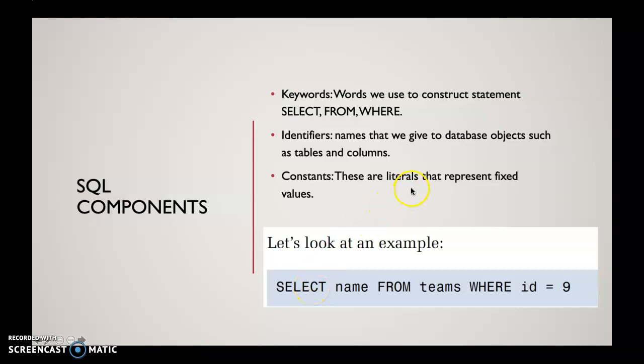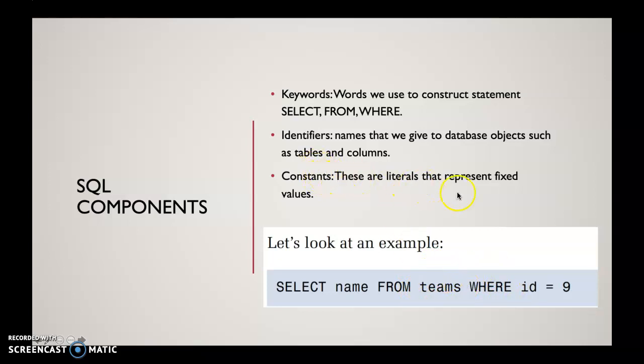With these identifiers we find what we're selecting from and where. So we select the name from whatever it is we're looking for, and where.